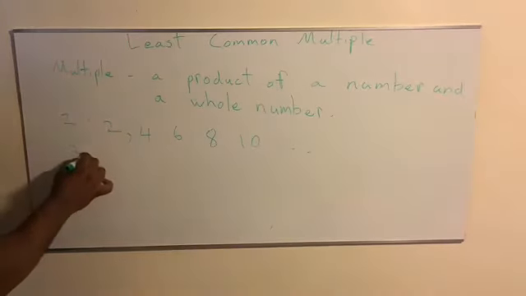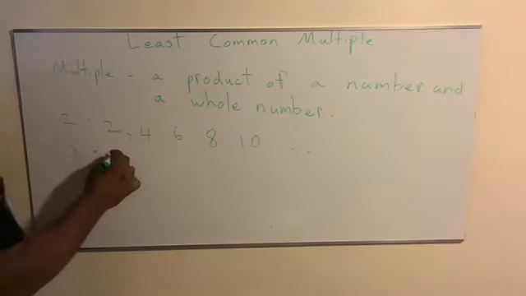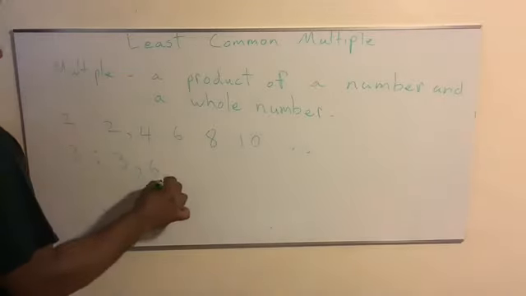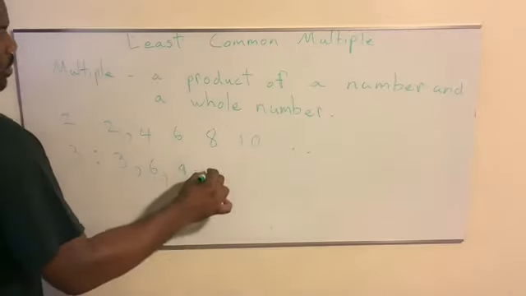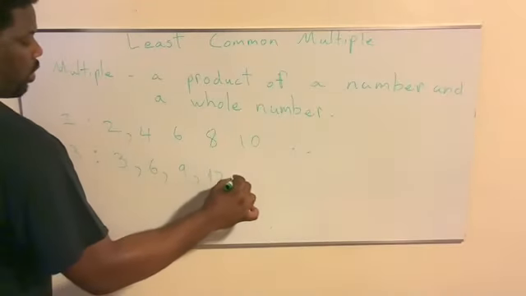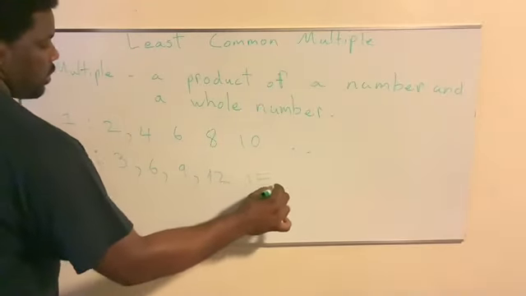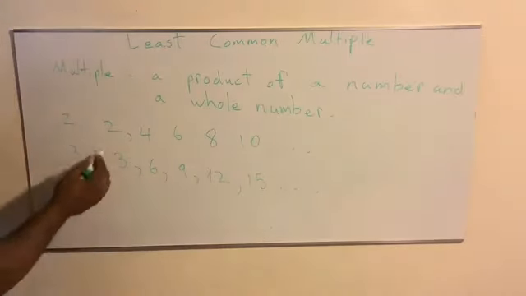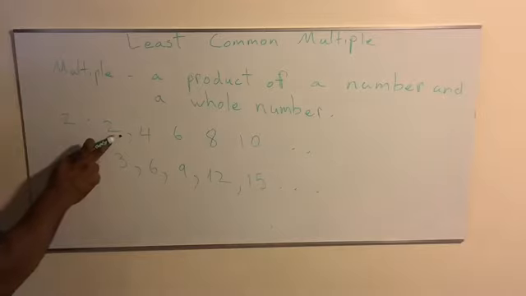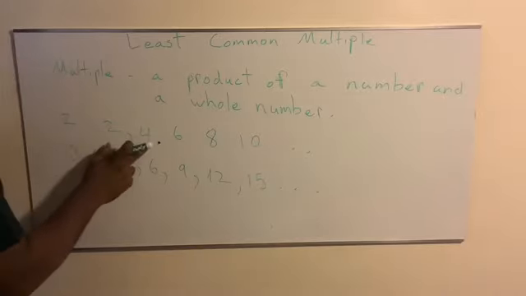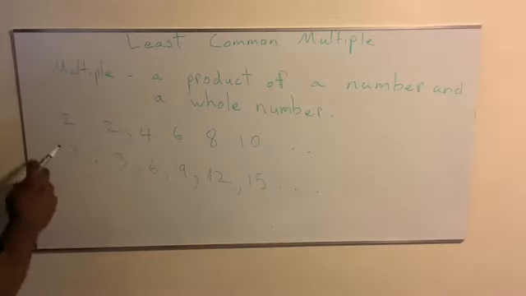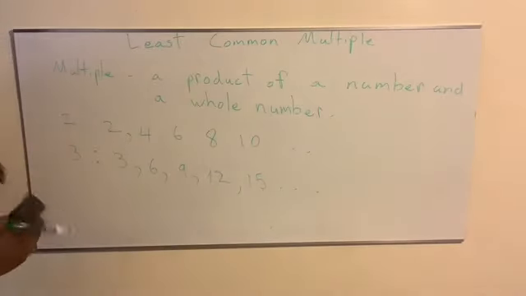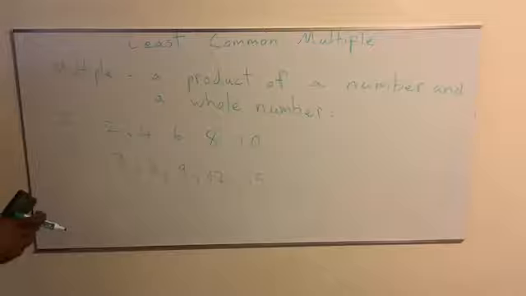Multiples of 3 are 3, 6, 9, 12, 15, and so on and so on. Alright? 2 times 1 is 2, 2 times 2 is 4, 2 times 3. Alright, so a number and another whole number. That's how we get multiples. Alright, this is what our times tables is based off of.